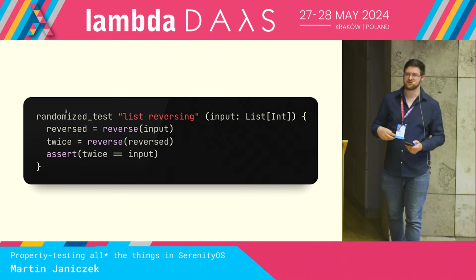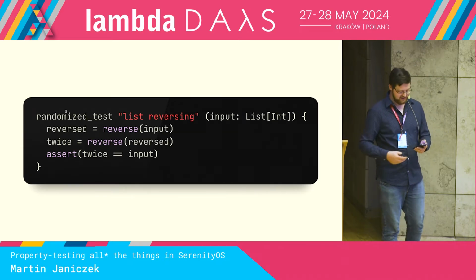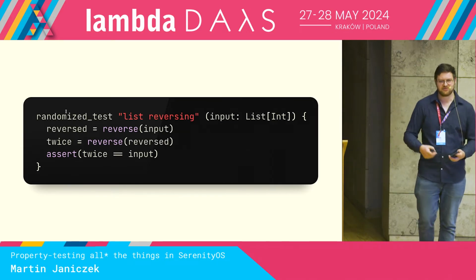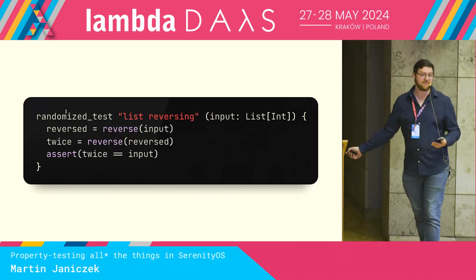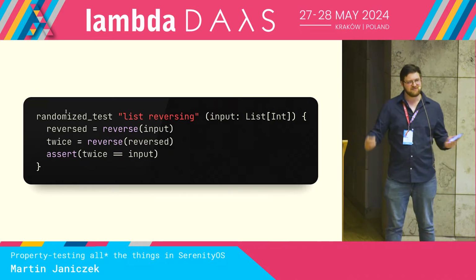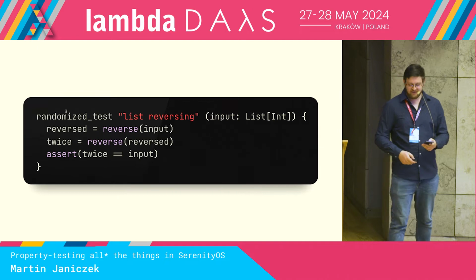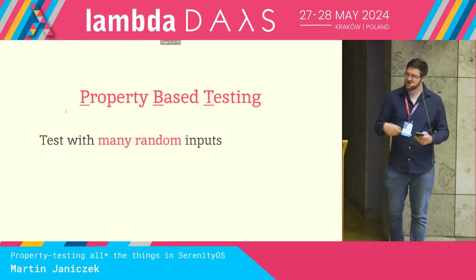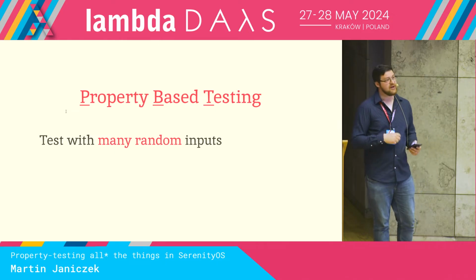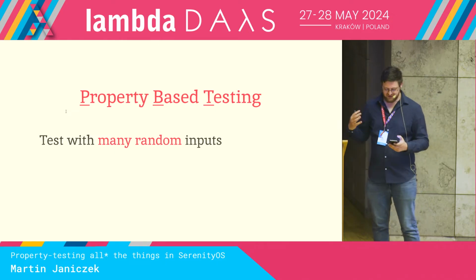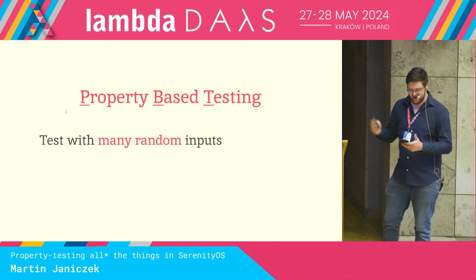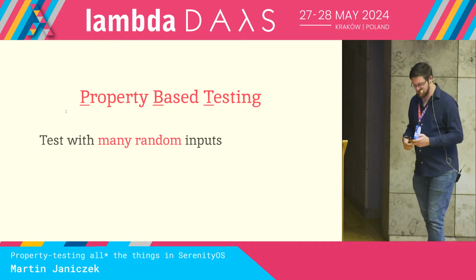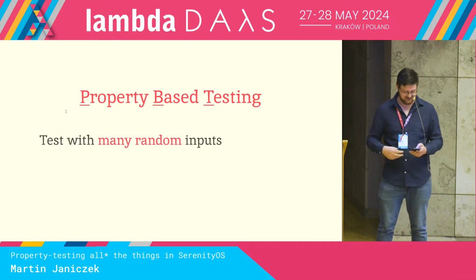And so our test function will be getting lists like 1, 2, 3, or 0, 0, 0, 0, 0, or the empty list, 3, minus 5, 42, whatever, just random lists. Compared to unit testing, property tests generate many random inputs to test with, and they will run many, many times and try various edge cases.